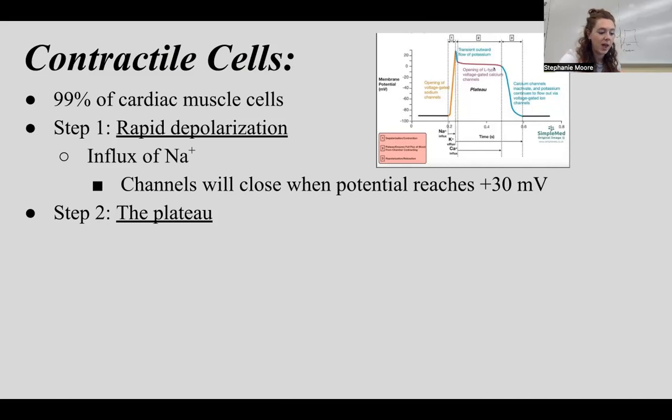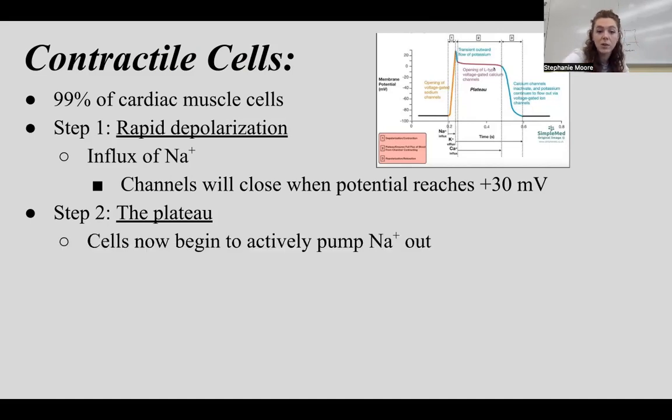So we've excited our sodium channels. We have an influx of sodium, so we have rapid depolarization. Now, during the plateau of cardiac cells, they actually begin to pump sodium out and replace it with calcium.